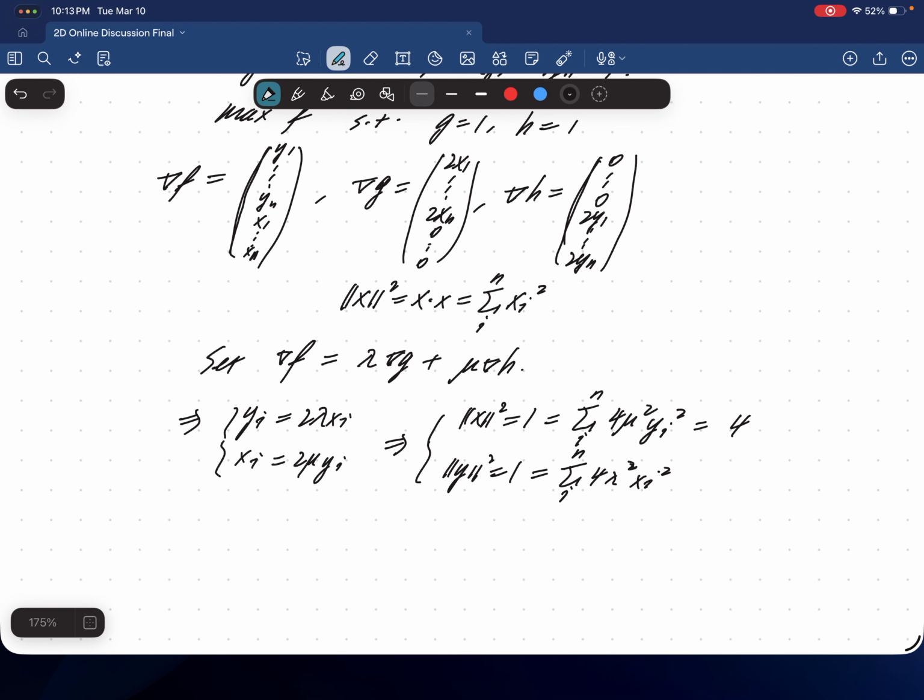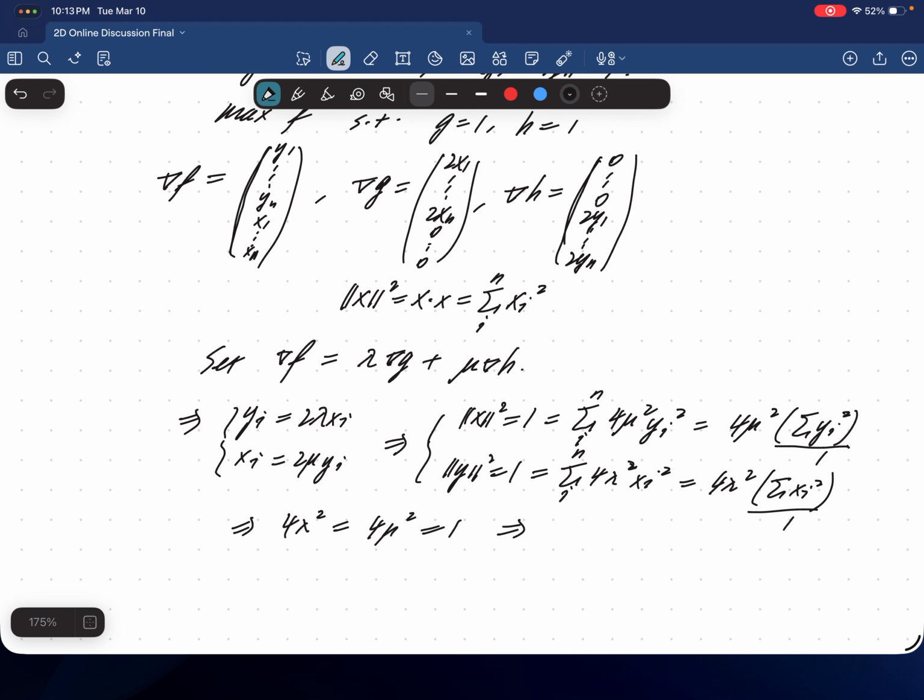So this is 4 mu squared times the sum of yi squared. This is 4 lambda squared times the sum of xi squared. But I know these sums are also 1. So it means that 4 lambda squared equals 4 mu squared equals 1. And so lambda equals plus or minus 1/2, and mu is also plus or minus 1/2.